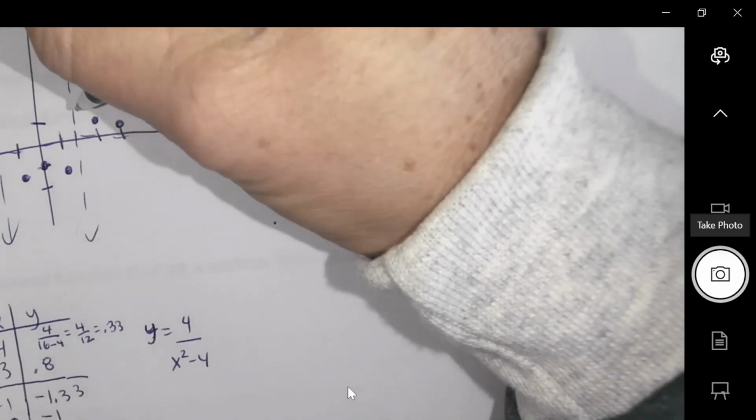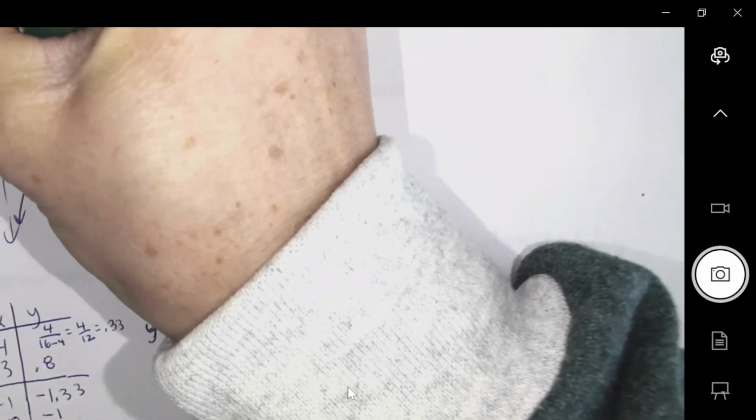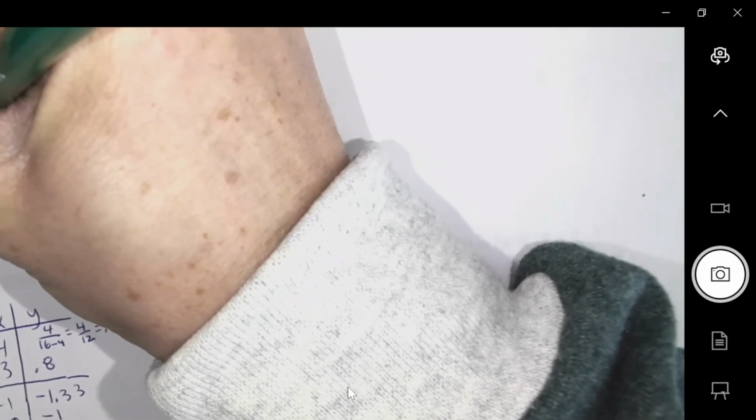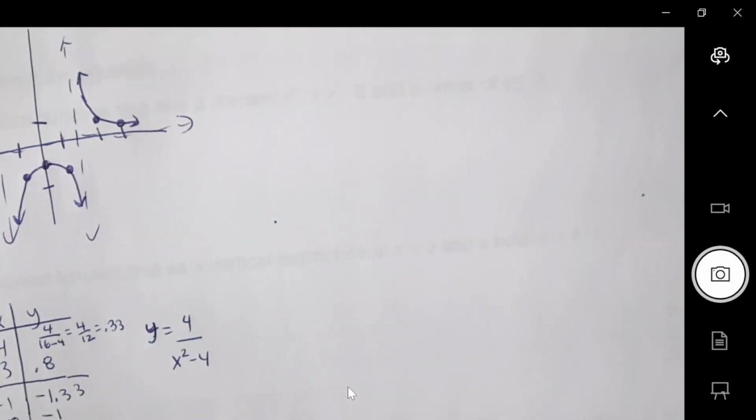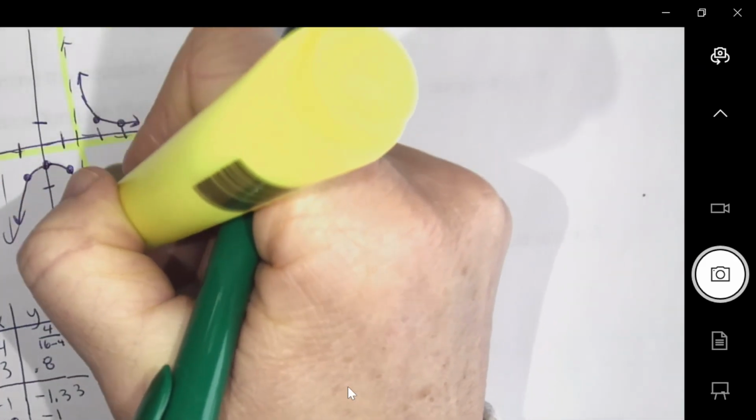And when I connect them, that's what's happening with the shape. Okay, so I have my 3 asymptotes, so I have asymptotic behavior.